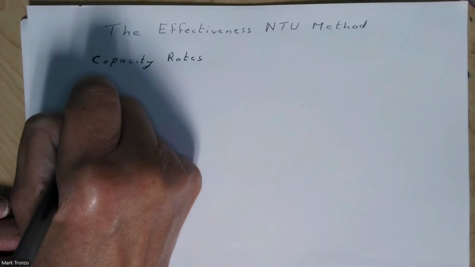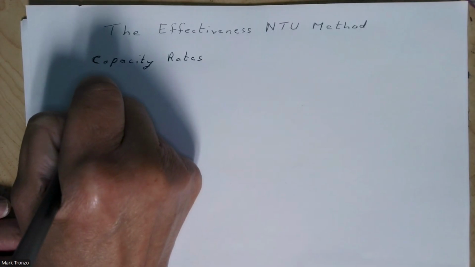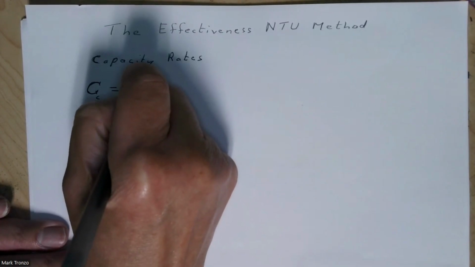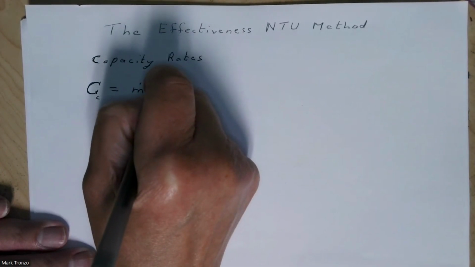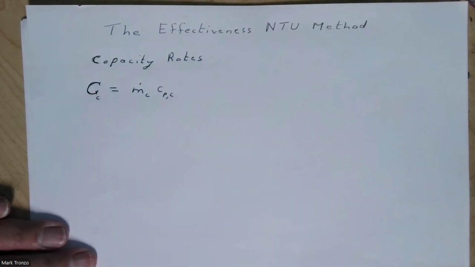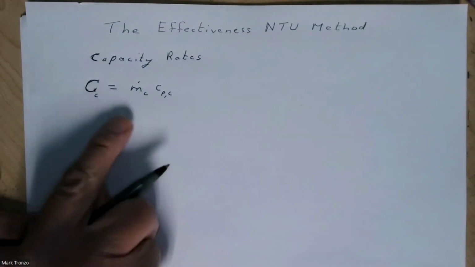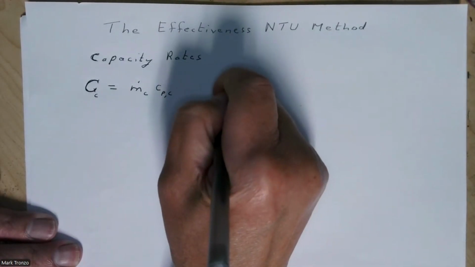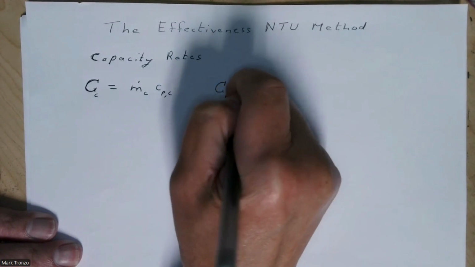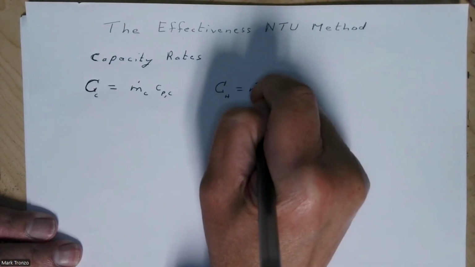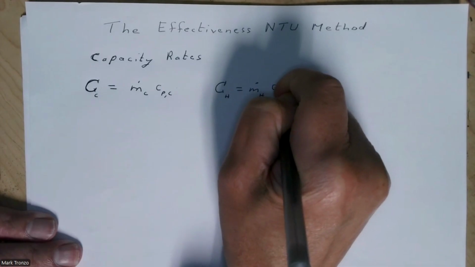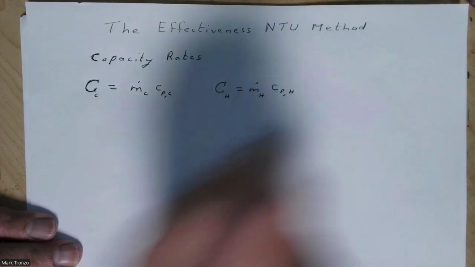Let's say for the cold fluid, it's going to be the mass flow rate of the cold fluid times the specific heat of the cold fluid, and the capacity rate for the hot fluid is going to be the mass flow rate of the hot fluid times its specific heat at constant pressure.